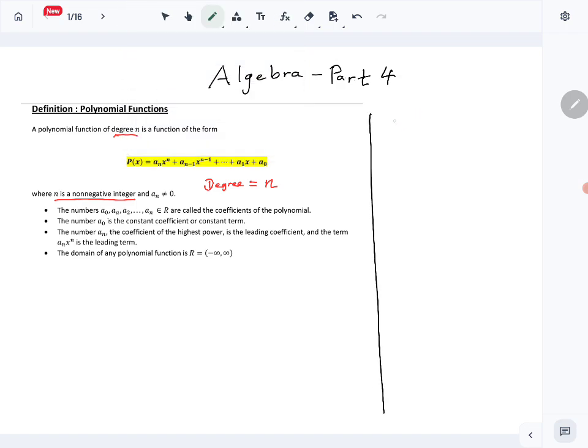Okay. Let me write down some functions and let's figure out which ones are polynomials, which ones are not polynomials.